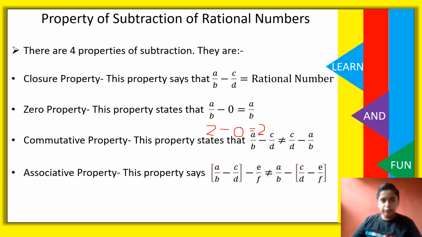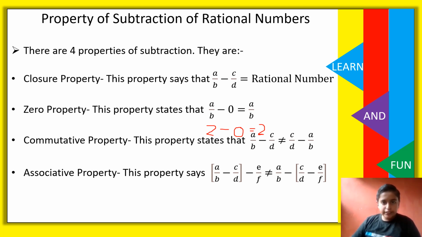So let's go to the commutative property, which is the third property of subtraction of rational numbers. This property states that a upon b minus c upon d is not equal to c upon d minus a upon b. The commutative property in addition of rational numbers said that a upon b plus c upon d is equal to c upon d plus a upon b, but the concept here is just the opposite of it. I'll give you an example.